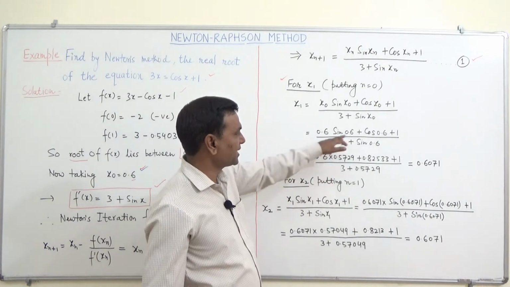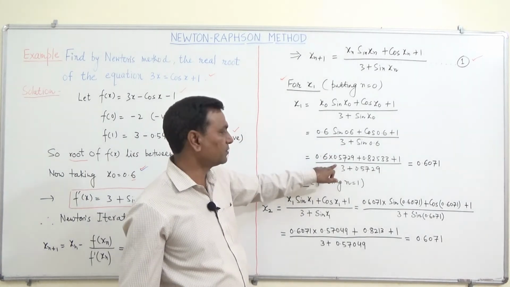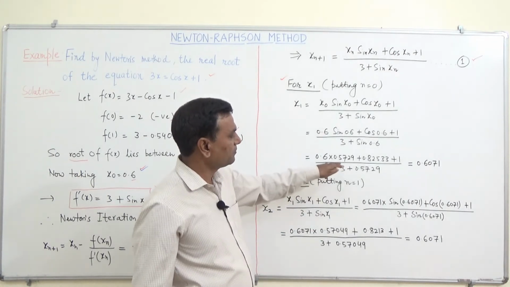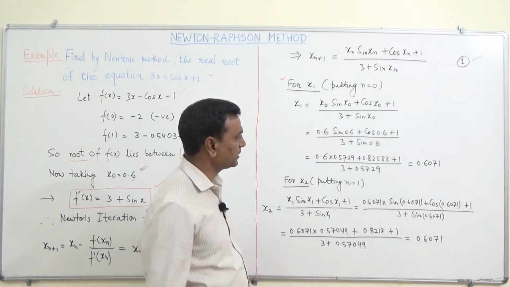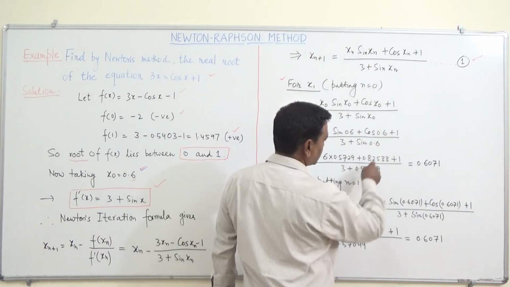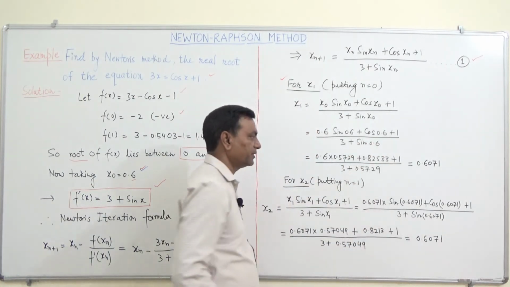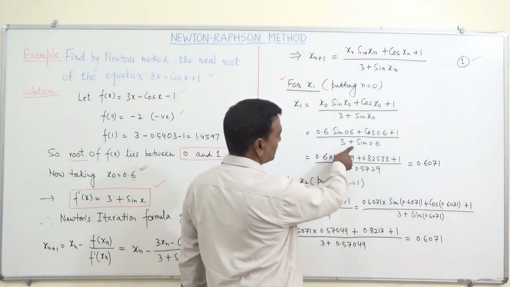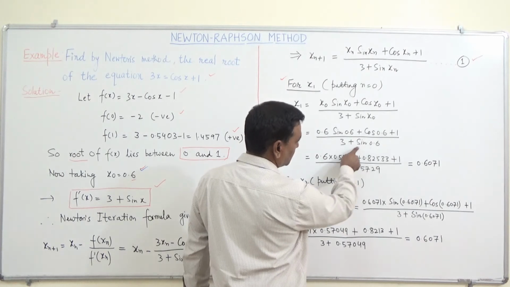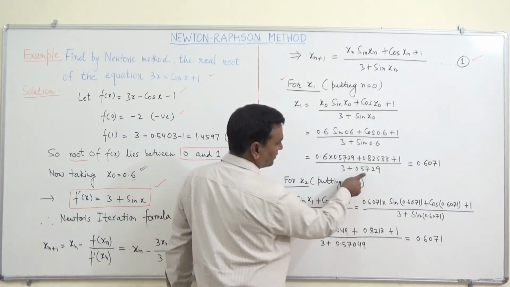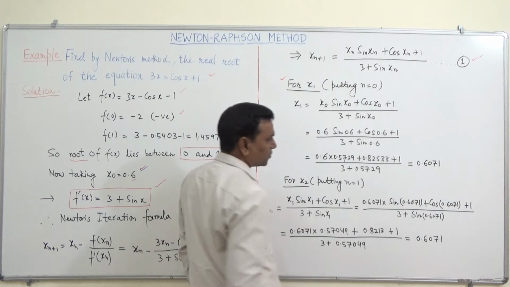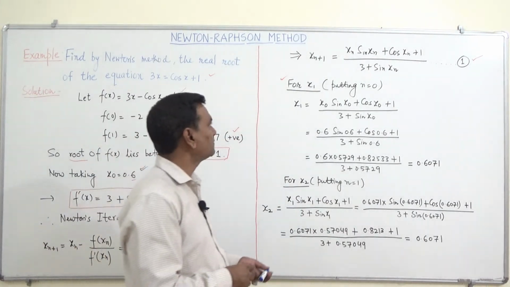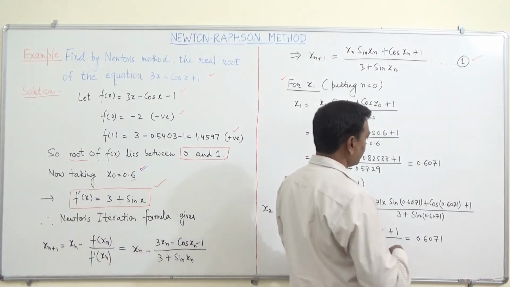From the log table, the value of sin 0.6 is 0.5729 and the value of cos 0.6 is 0.82533. Putting these in, it comes out to be 0.6071.